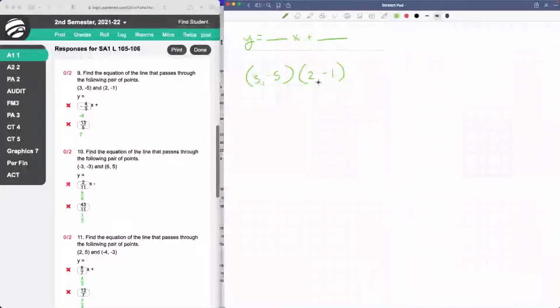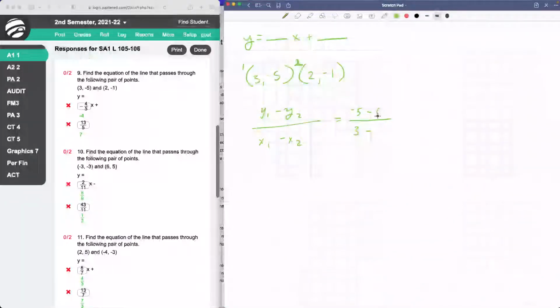So we're going to do that by first finding the slope. We find the slope by saying the change in y over the change in x, and that is expressed as y1 minus y2 over x1 minus x2. It doesn't matter which one of these you choose as point 1 or point 2, but I usually do them in order. So you put your y on top and your x on the bottom.